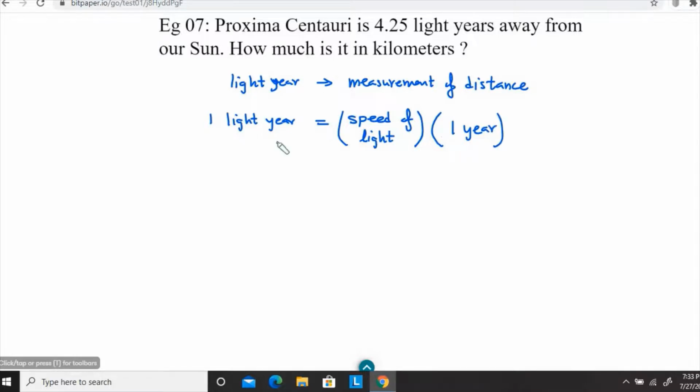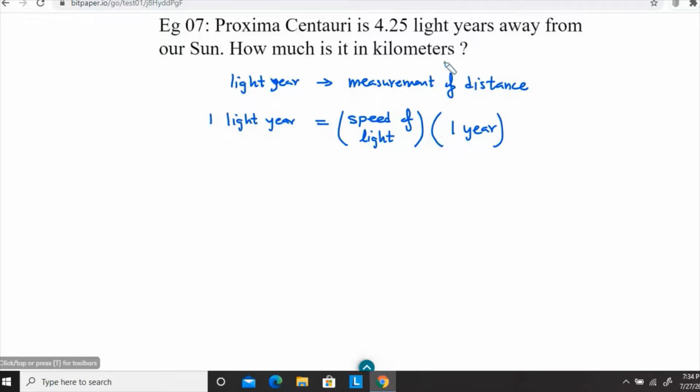So you can see on the left hand side you have a distance. The first term on the right hand side is a speed. The second term is time. So distance equals speed multiplied by time.